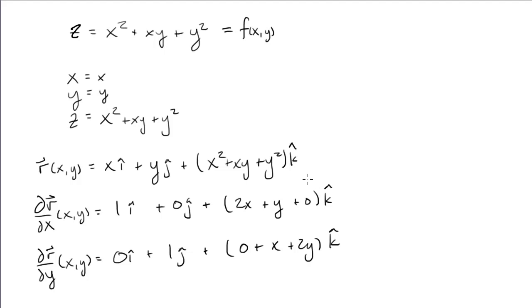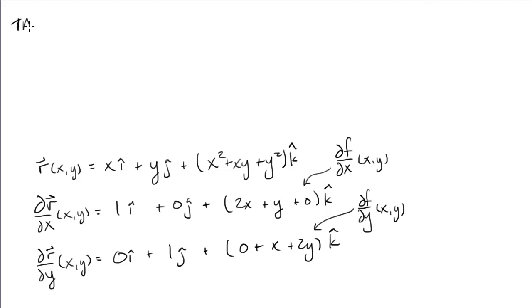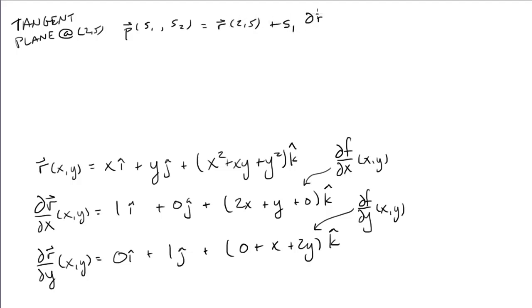The notation for functions is the same as for the vectors. There's my partial derivative of the function with respect to x and with respect to y. My tangent plane now, at the point 2, 5. I push onto the plane, push onto the surface, and then I push along each tangent vector.